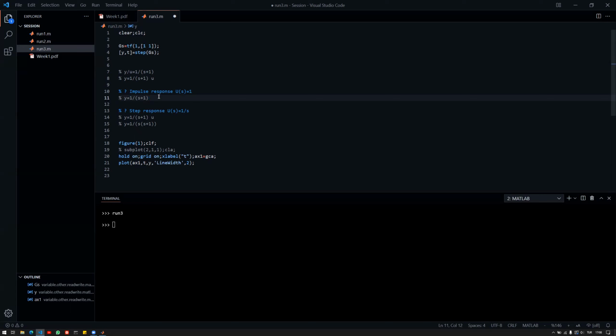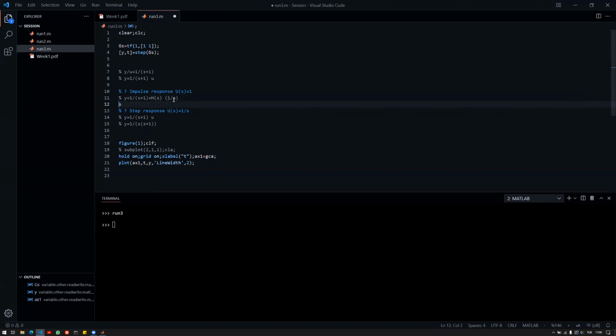Now, what I'm suggesting is that instead of doing this, I come up with a different transfer function and use the step function. So it should be 1 divided by s.